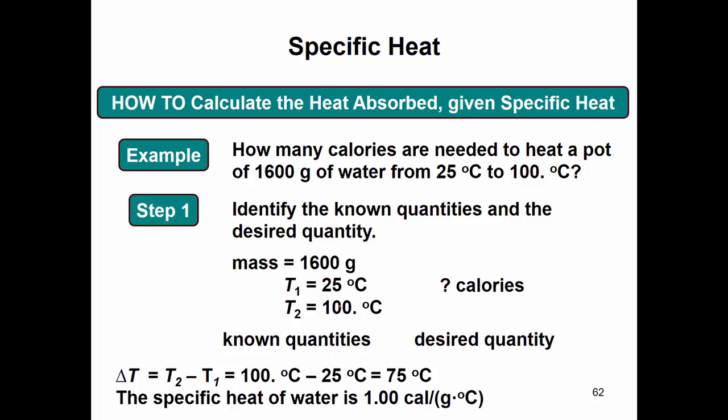We need the change of T, which means final minus initial: 100 minus 25, so there's a change in temperature of 75 degrees C.